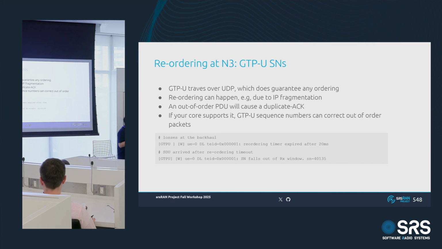So if you get out of order packets, the GTPU can reorder them as long as you have GTPU sequence numbers. And if you use the warn on drop option, it will tell you if you had drops, and if you receive out of order sequence numbers.